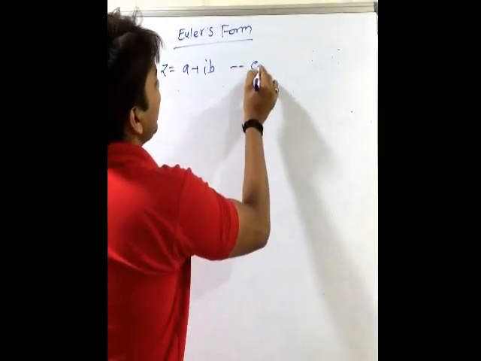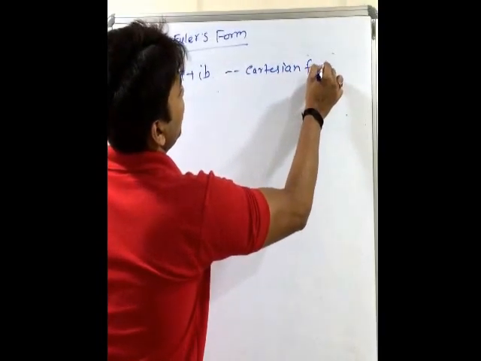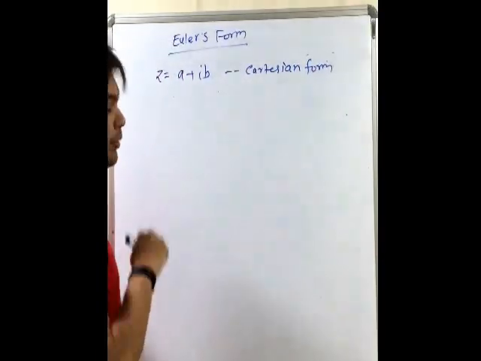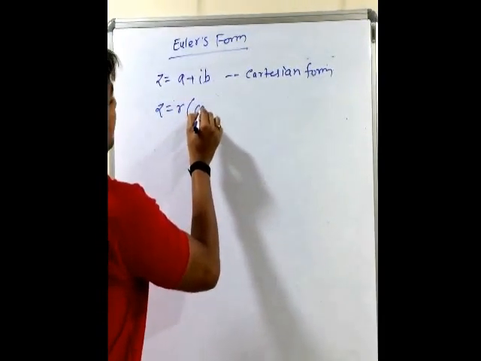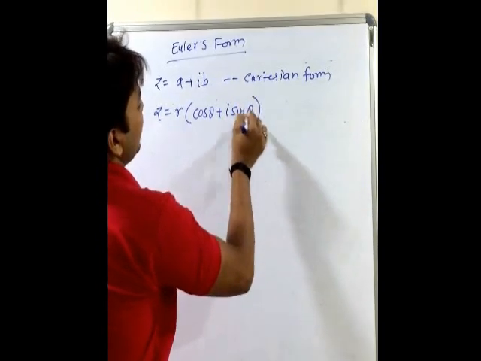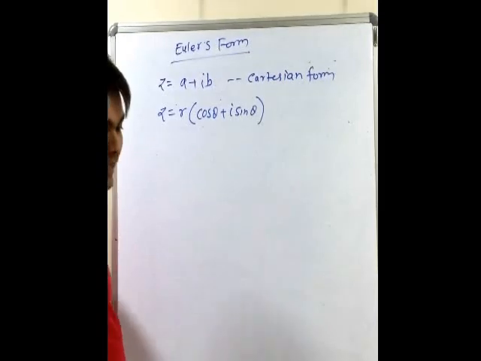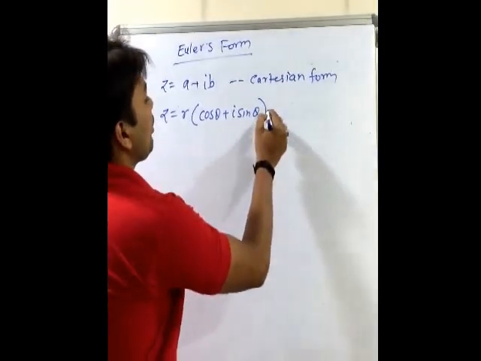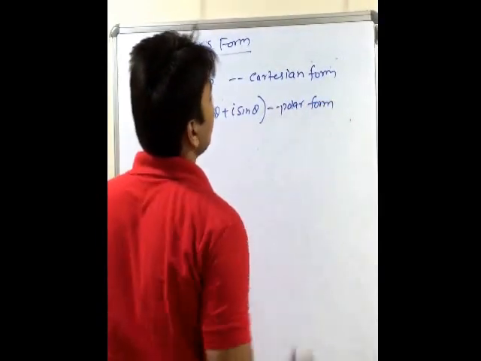What is the polar form of the complex number? z is equal to r into bracket cos theta plus i sin theta, right? r cos theta plus i sin theta. This is the polar form of the complex number.